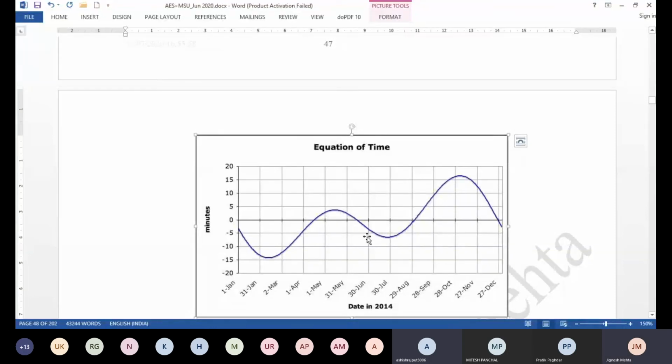So I'm near this point, right? Sorry, this is June. I'm talking about January, right? So near minus 10. I think you should be able to get that number.